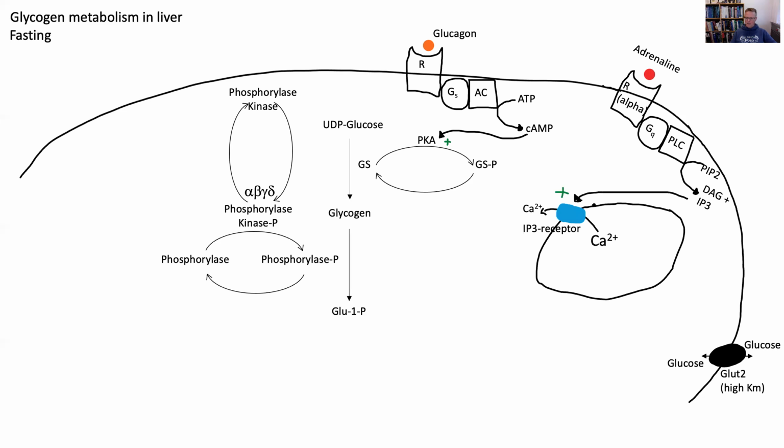IP3 can bind to an IP3 receptor that is in the same family as the ryanodine receptor as we found in muscle. But once IP3 binds, the receptor can actually open as a calcium channel, and then we will see that calcium efflux from the ER to the cytosol.